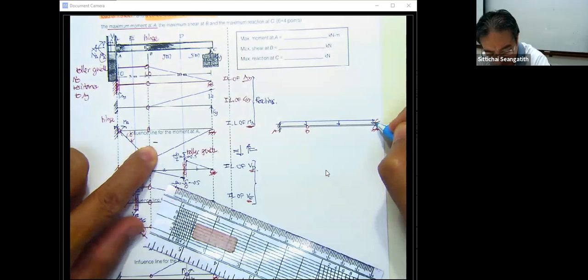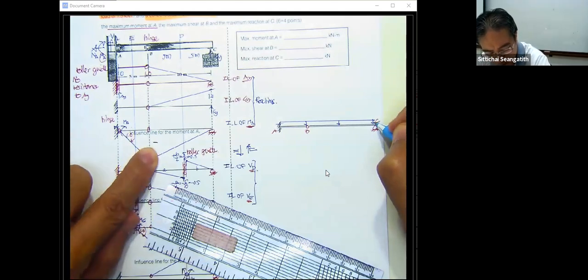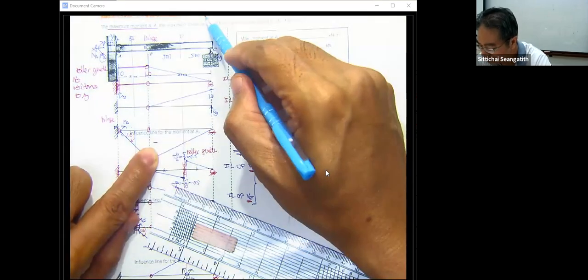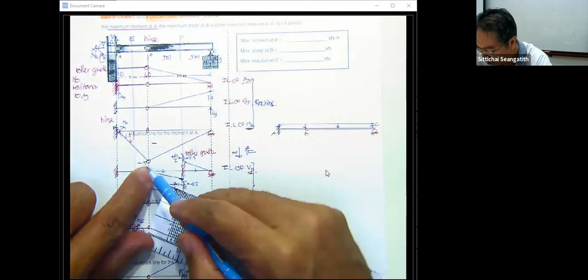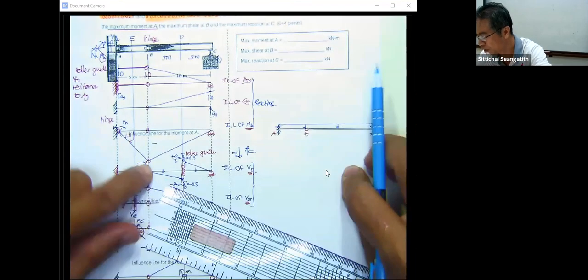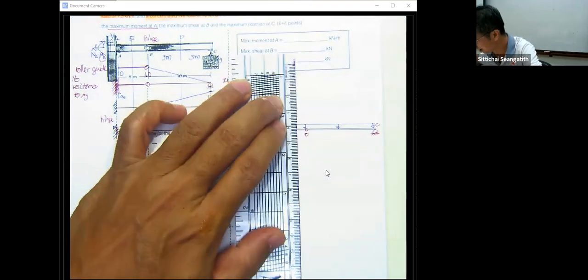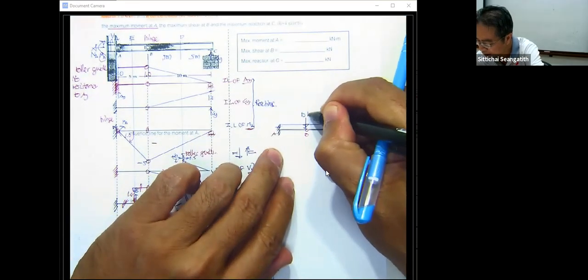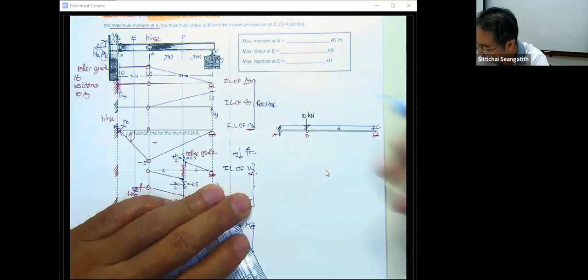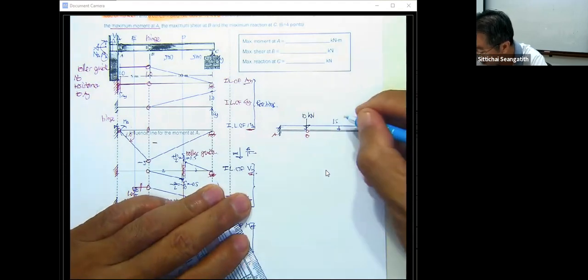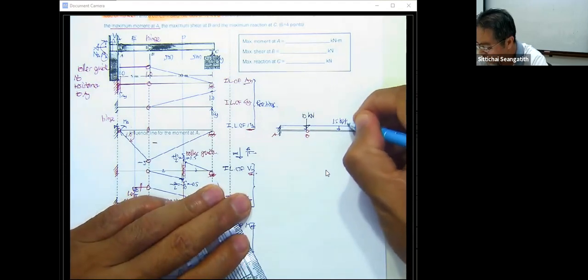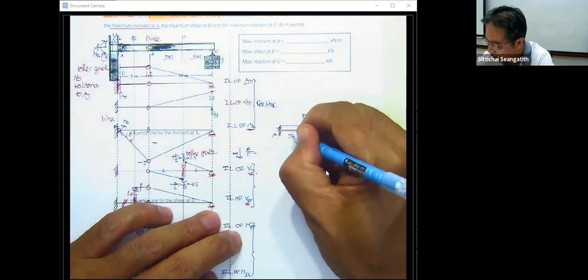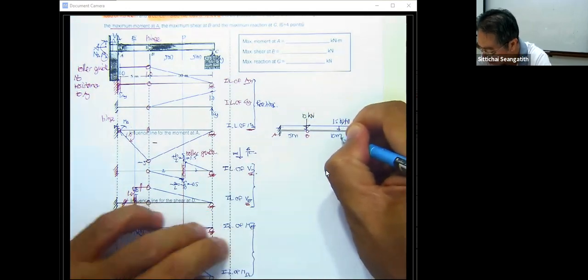Then we just put the 10 kilonewton, since this one is the maximum, into this one. This is 10 kilonewton. This is going to be 1.5 kilonewton per meter. This is 5 meter. This is 10 meter.